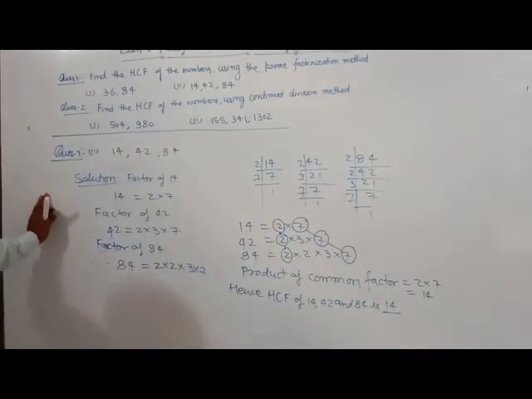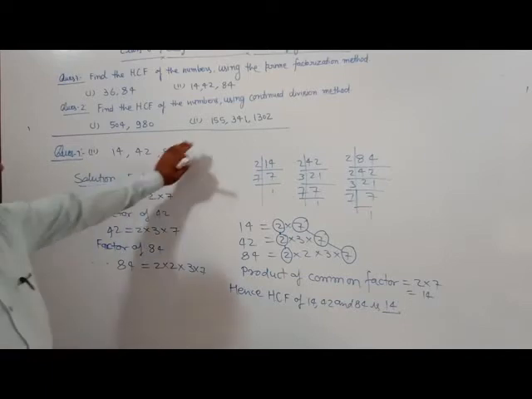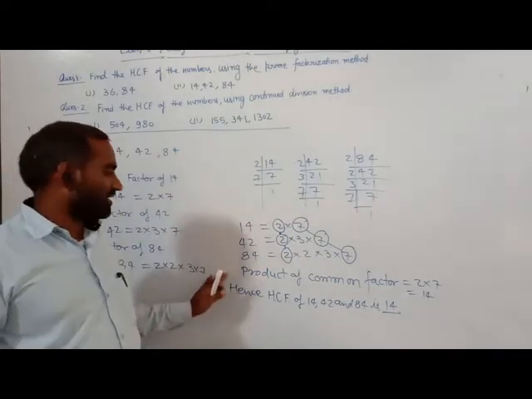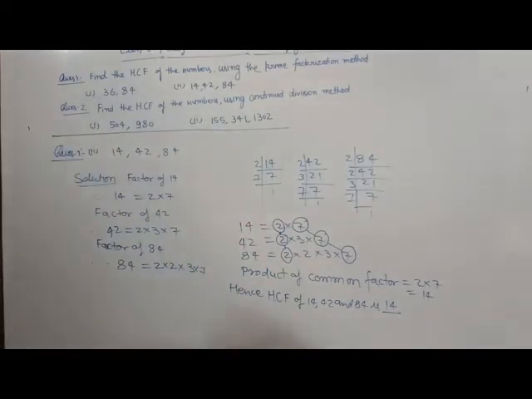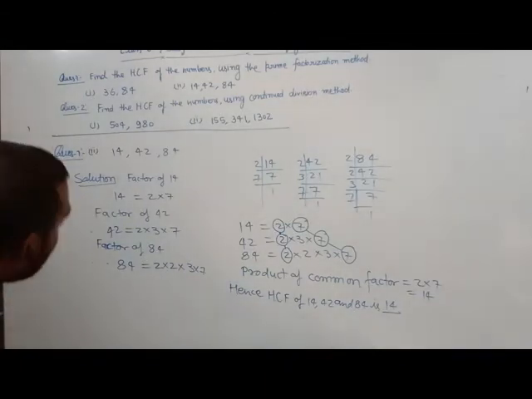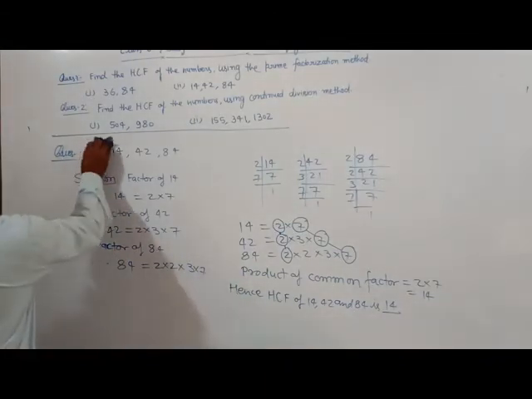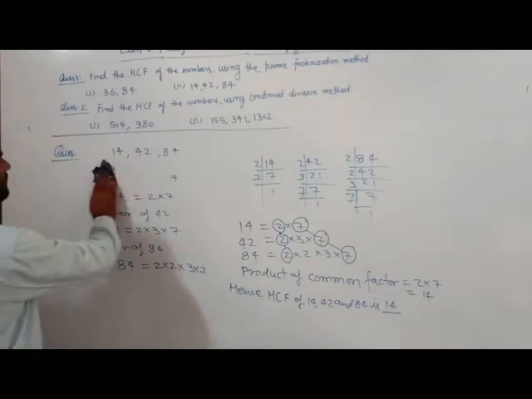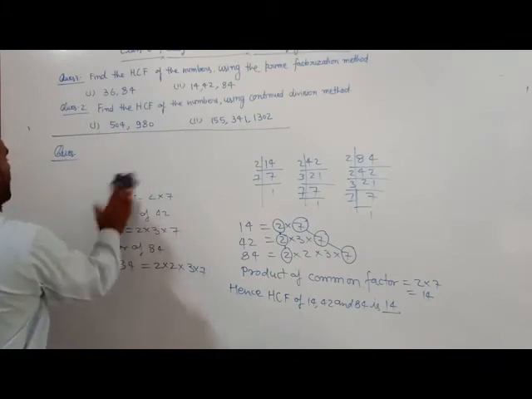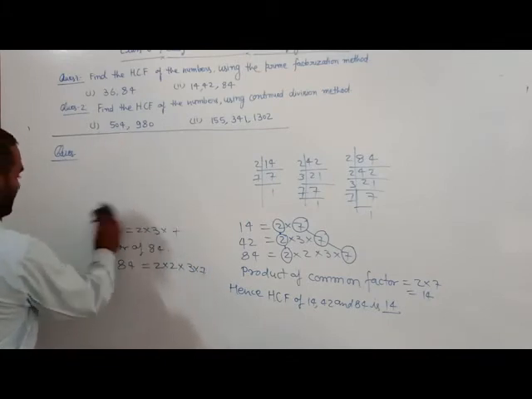In this way, all of you can solve the question of HCF by the help of the prime factorization method. Now we start to solve the second question by the help of the continued division method.